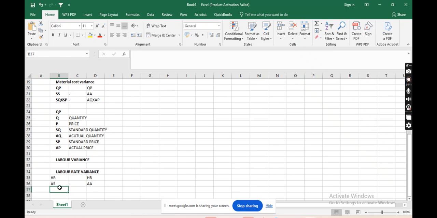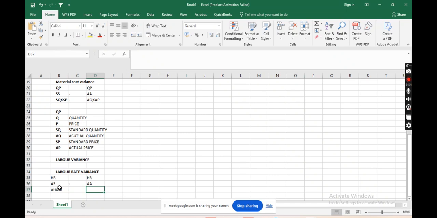S is to R. So you can have actual hour times the standard rate for labor, class. The actual hour times what? The standard rate for labor, right?